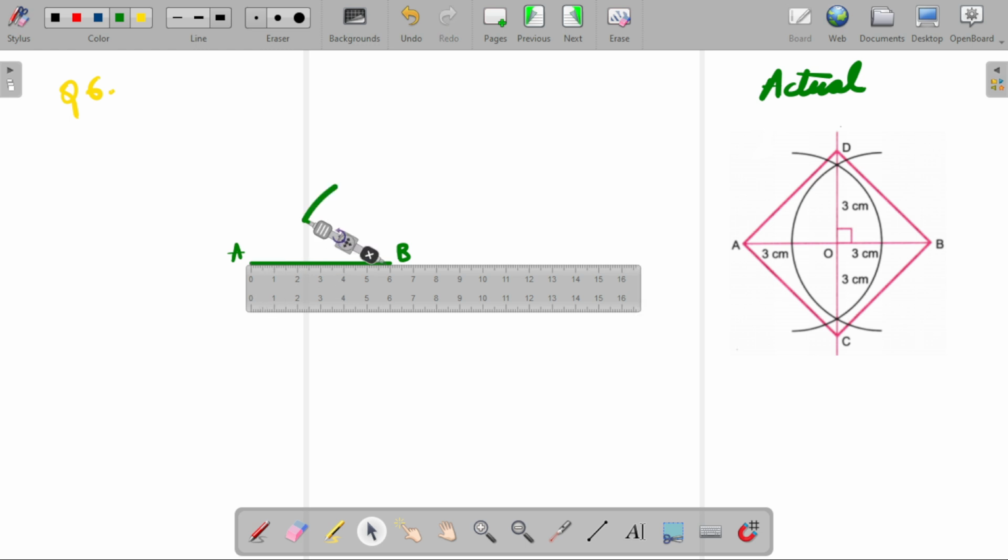So we will draw arcs like this. And you know, it will be on both the sides from A.